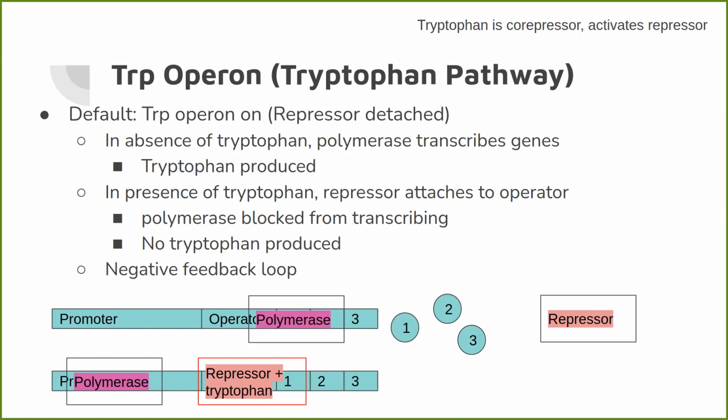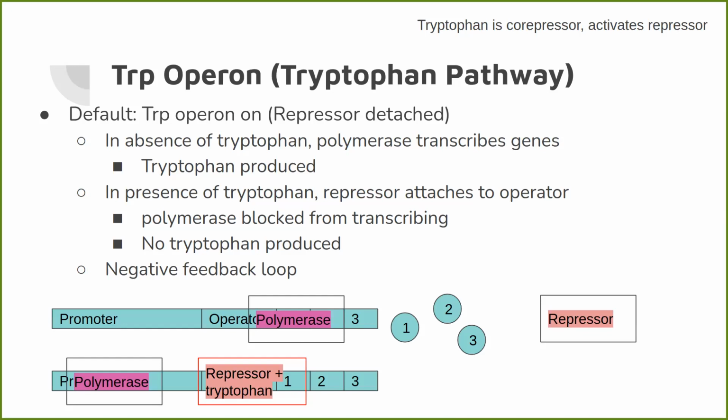By default, this operon is in the on position, which means that tryptophan can be produced by transcribing the genes at the end of the operon, followed by protein synthesis. So in the absence of tryptophan, the polymerase is able to bind to the promoter region, then moves down the genes, and is able to make RNA from that.